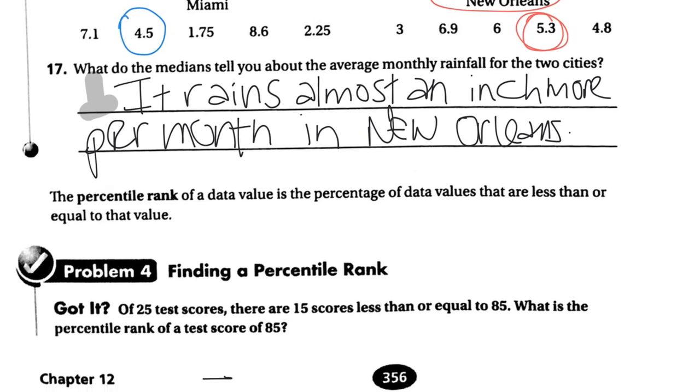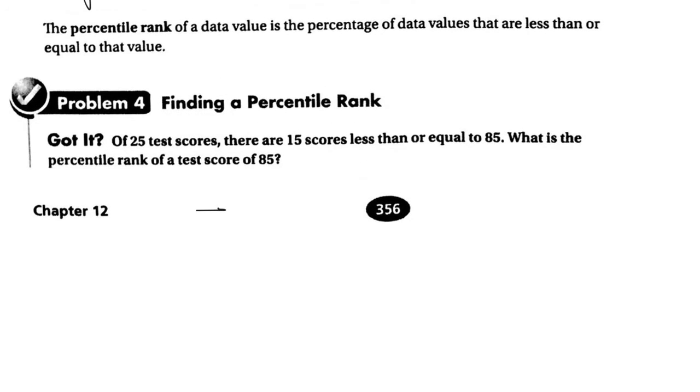Now let's go over percentile rank. You hear percentiles a lot of times using state testing. You scored in the 75th percentile and things like that. Now we're going to talk about what that exactly means. So if we look here, the percentile rank of a data value is the percentage of data values that are less than or equal to that value.